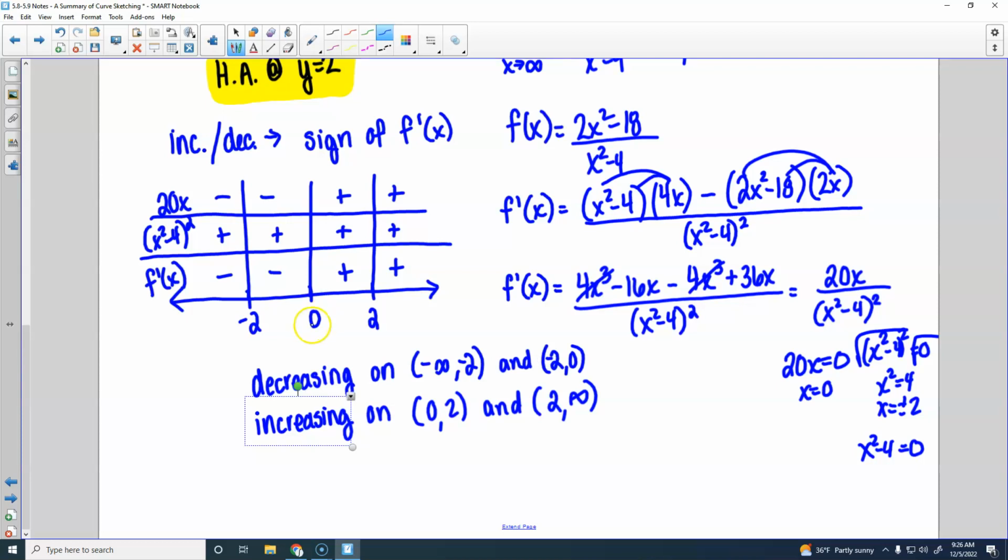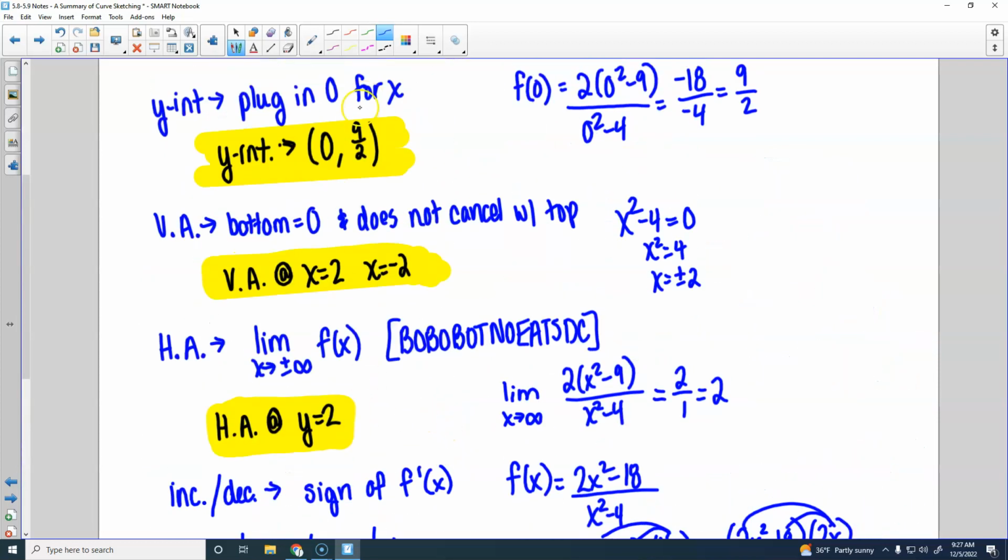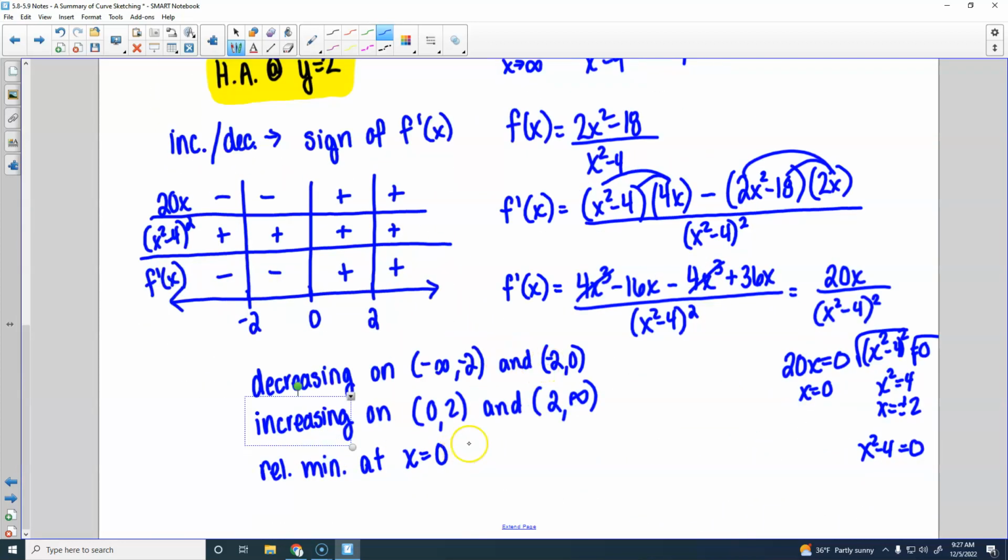And if I want, I also could go ahead and say that I should have a relative minimum at x equals 0. And actually, at x equals 0, that's also your y-intercept, right? Which we found up here was at 0, 9 halves. So we've got all this information that is helpful for drawing.